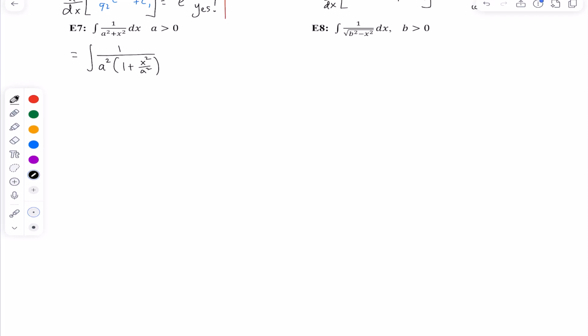And we know a here is not 0. A, remember, is a number, so it acts like a constant. Your only variable here is actually x. We have an easier way to analyze a U-sub here.